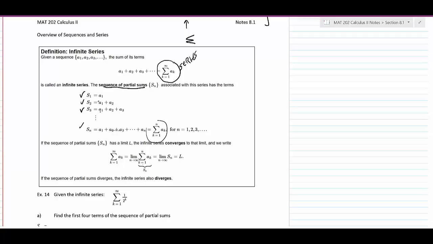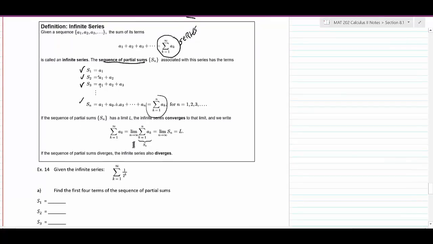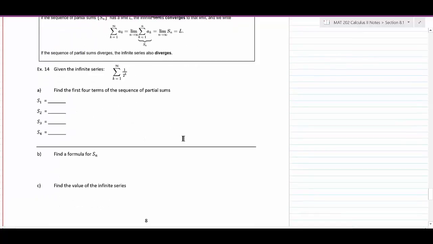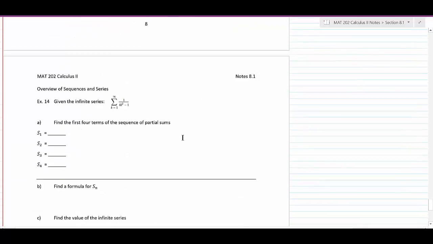It's essentially doing what an improper integral does. So that's going to be the limit of s, where s is the sequence of partial sums, and that should be the value of the limit. That's not real formal, but in mathematical terms, that's what I just did on the last 2 examples. Does that make any sense? We're turning the series into a sequence of partial sums. That's the idea. All right, so let's do a few more things with this.